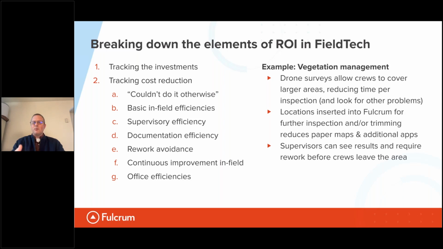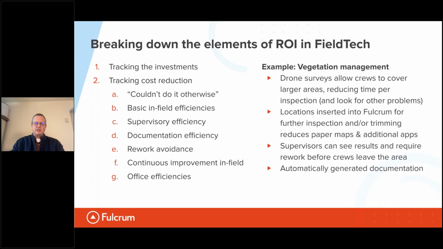And if they need the crew to go back and do some rework, they see something that's sloppy, they see something that requires better investigation, they can let that crew know before they leave the area. And if they can do that, then again, that saves another truck from rolling. It keeps rework from happening. So supervisory capacity can be a huge benefit to your return on investment calculation, just by showing where the efficiency is that's gained in that.